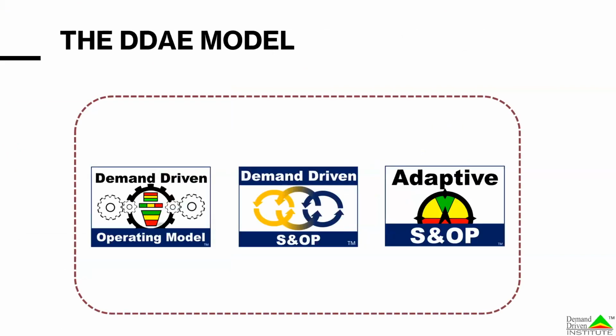Let's talk about what Eric has referred to as the DDAE model. What that stands for is Demand-Driven Adaptive Enterprise Model. Eric also had a slide with aspects of agility, and he had optimal inventory.